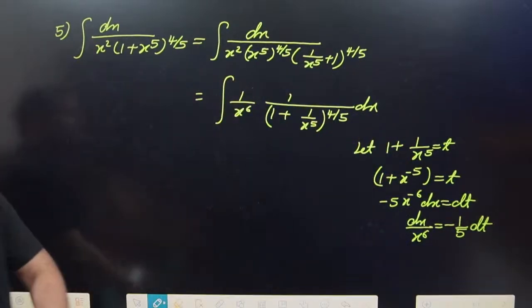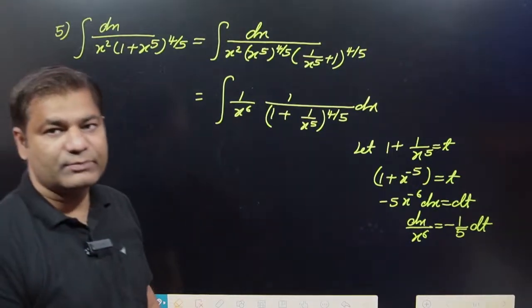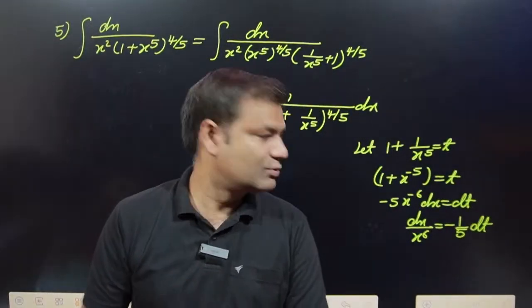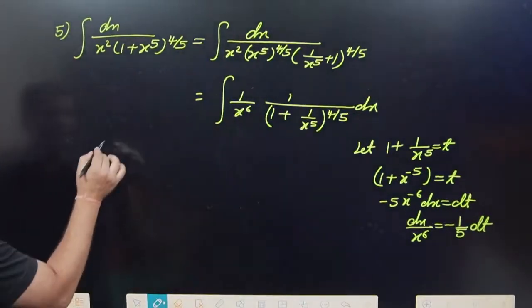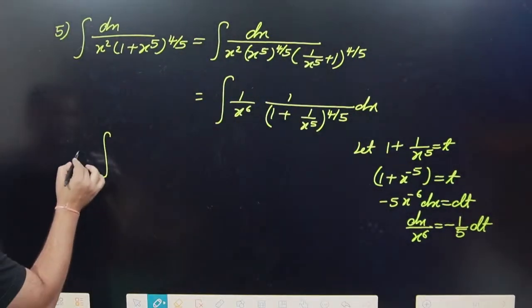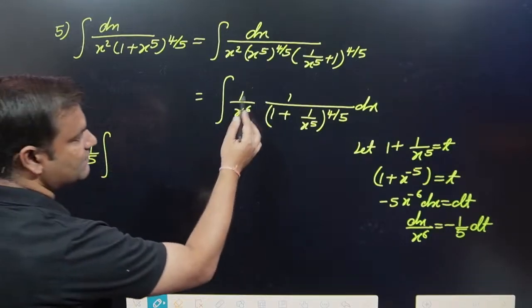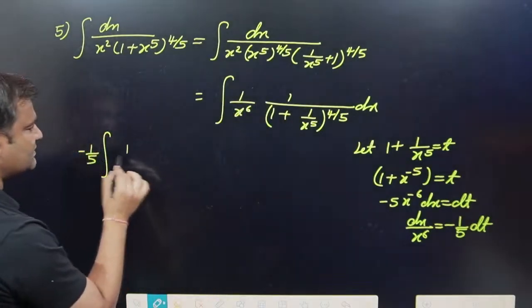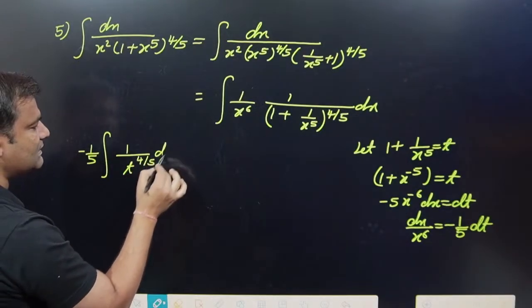So basically dx upon x to power 6 is replaced by minus 1 by 5 into dt, and this one is t to power 4 by 5 dt.